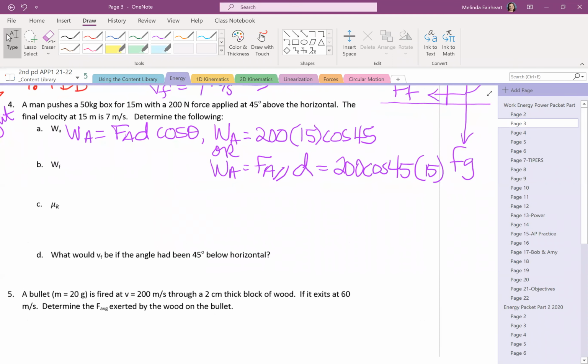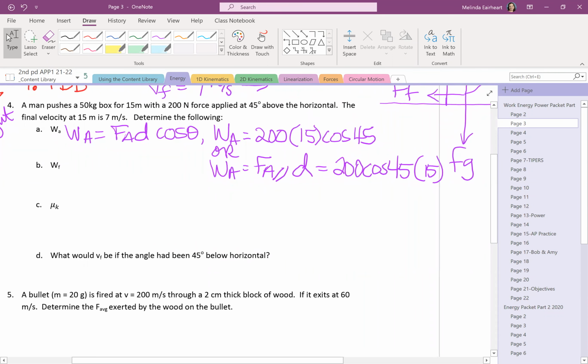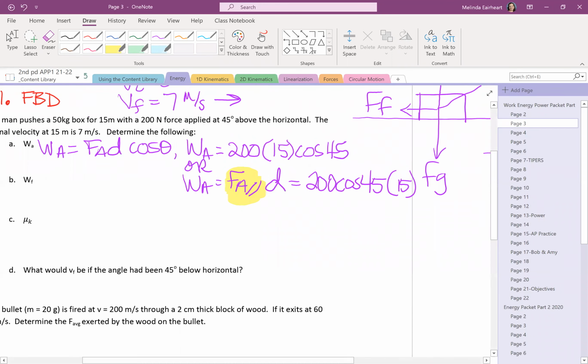There's actually 2 different ways to approach part A. To find the work done by your applied force, you have to stick with the applied work. You need applied force times the distance. And so you can say F_A D times cosine theta, or notice what I did in that second part. I already know work is going to be positive, right? If I know it's moving to the right, I need the rightward parallel component of that applied force. That's not in my diagram, but I can add it.